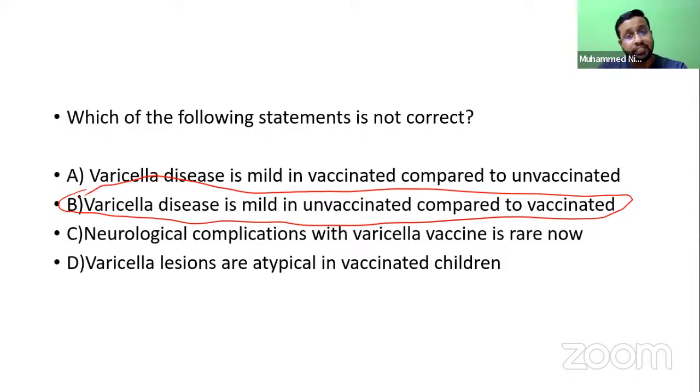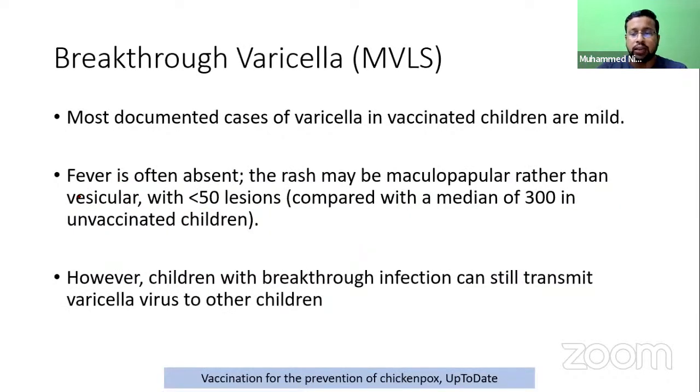It is severe if you don't have the vaccine, so that is very clear. If these are the options, option B seems to be the right answer. Neurological complications with varicella are less common in the vaccinated, and varicella lesions are atypical in vaccinated children. This is called breakthrough varicella. Most documented cases of varicella in vaccinated children are actually mild, and atypical lesions are seen.